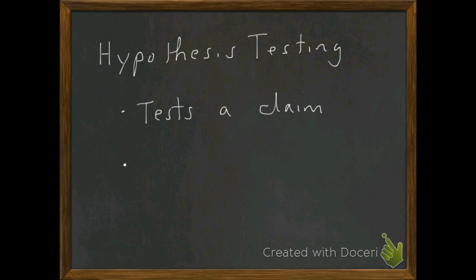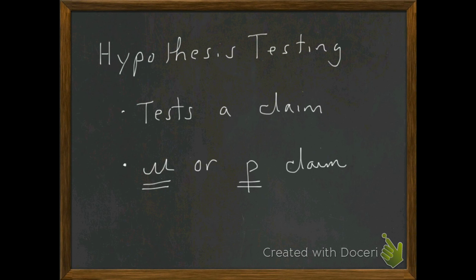And in our class, we limit this to what we call one sample problems. So someone may make a claim about a mu, a population mean, or someone may make a claim about P, which is a population percentage.